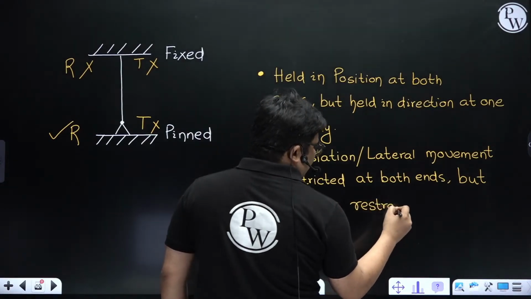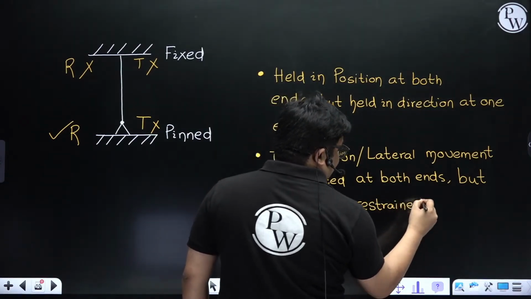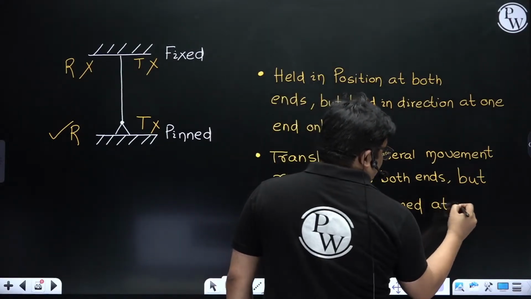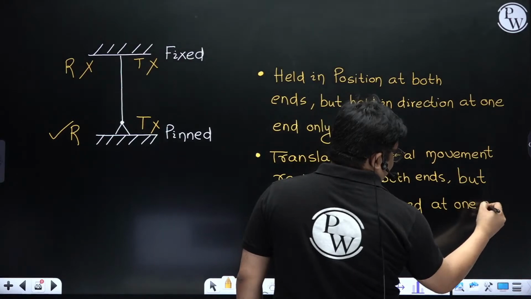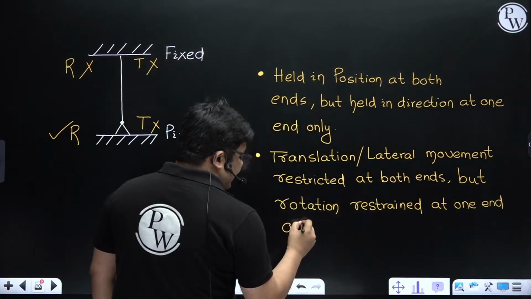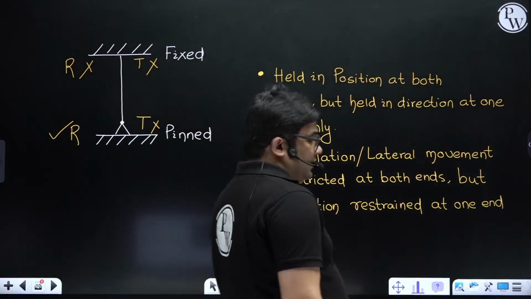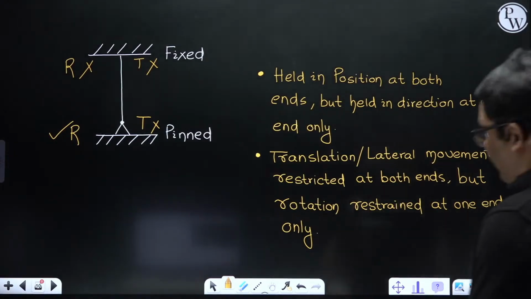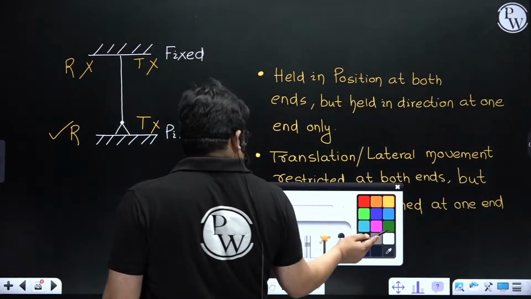In many places we can use restrained. Translation is restricted at both ends, but rotation is restrained at one end only. That means at the other end it is allowed, right? So this kind of language they will use, and you should be thorough with this kind of language.